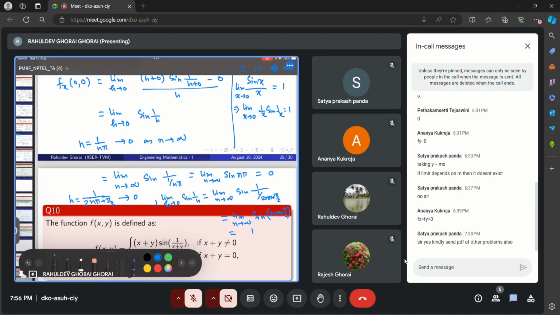But you see, different limits are being obtained. You take another type of sequence, you might see yet another limit. That should not happen if the limit exists.